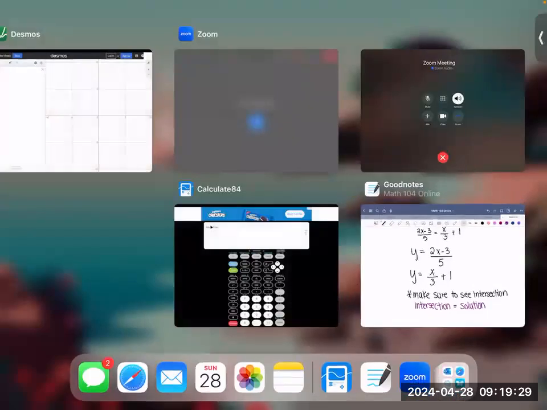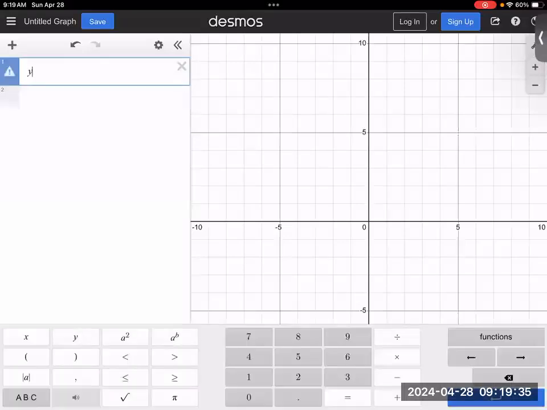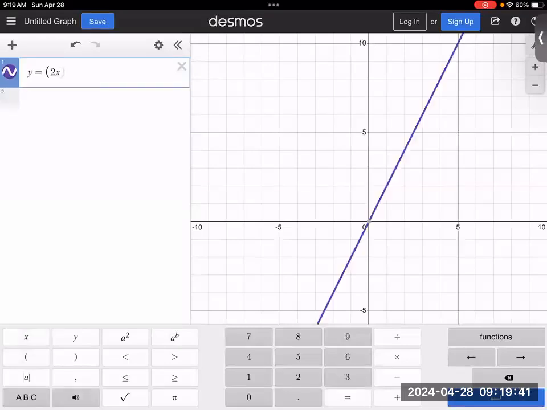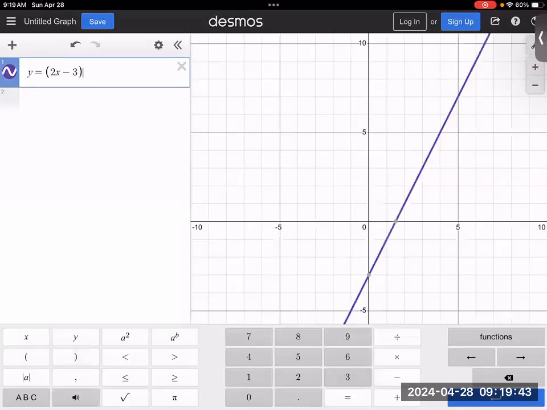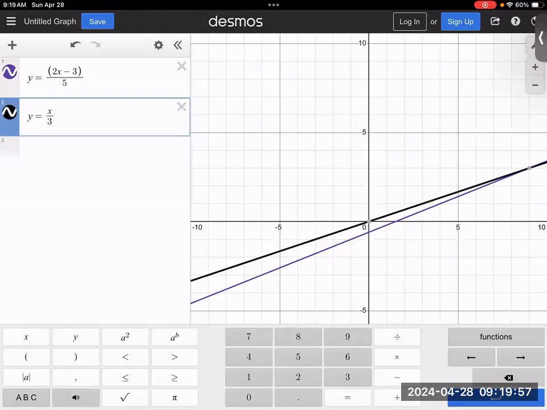So I'm going to do it on both of my calculators. So y equals, and I'm going to put this in parentheses, 2x minus 3, divided by 5. So that is one of my graphs. The following graph, we have y equals x over 3 plus 1.